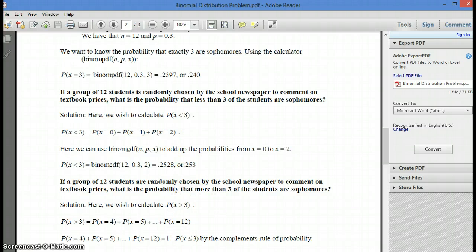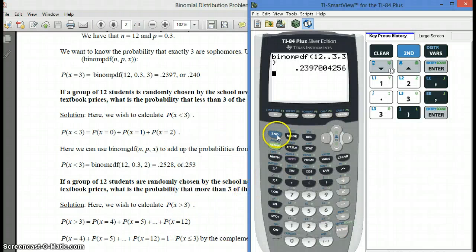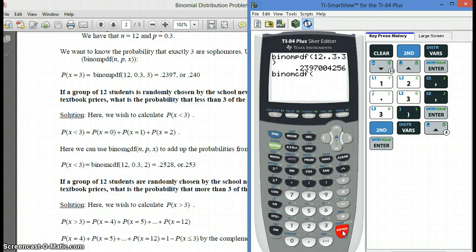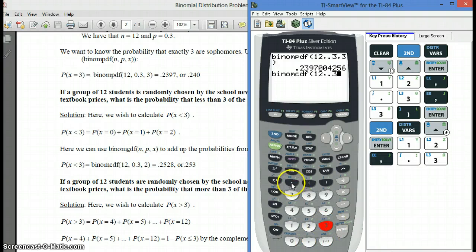So when I do that, I'm going to click on second vars, and I'm going to go back up through my list. This time I want binom CDF, so I'm selecting binom CDF. N is 12, comma, the probability is still 0.3, comma, 2.